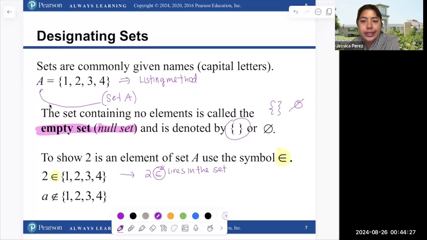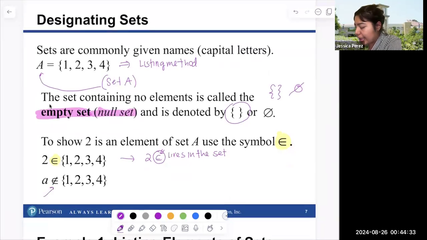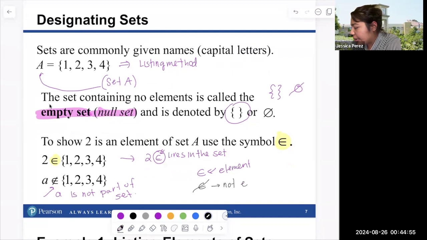Now the letter a does not live in the set, so it is not part of the set. Here this symbol means it's an element of, and when you have the element symbol with a cross through it, this means not an element of.